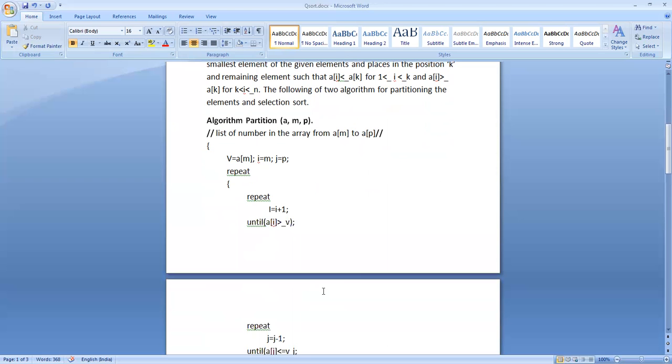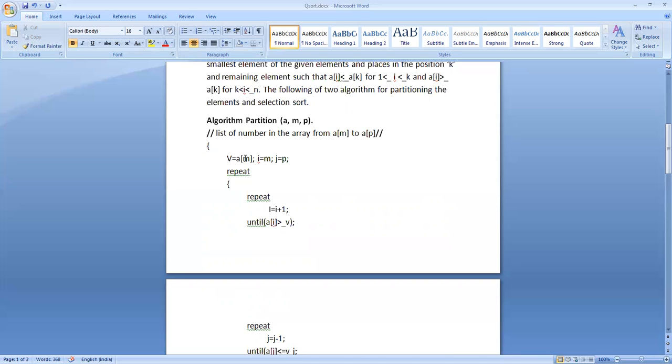Now look at this algorithm, the very same partition algorithm that we saw in the last class. If you haven't understood, go back to the previous video and try to understand what we discussed about this partition algorithm. Given the array A, values are available from the mth location to the pth location.